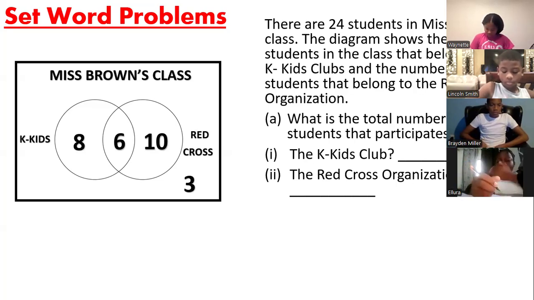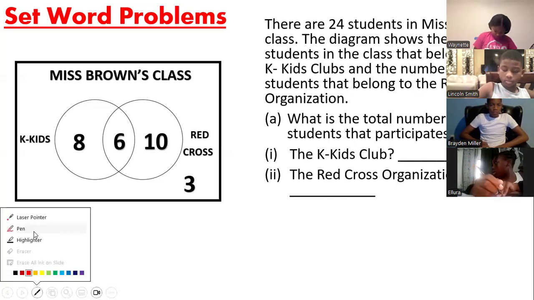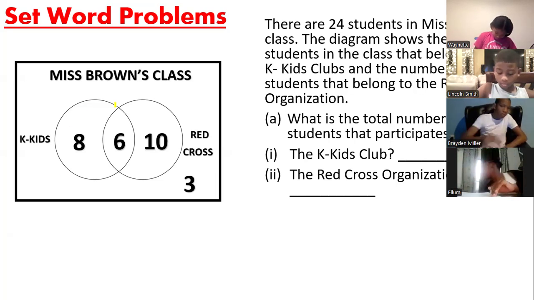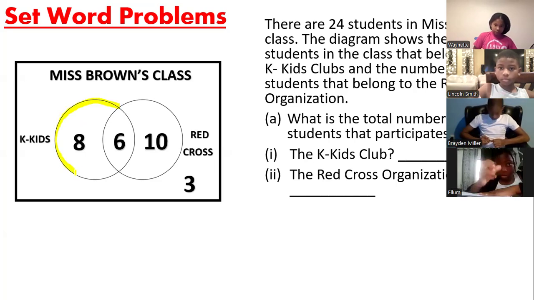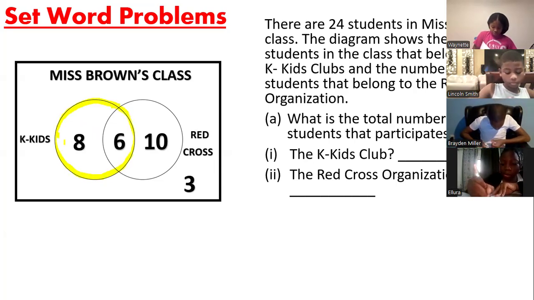I agree. So when they say K Kids Club, they're referring to which circle? The first circle. And when they ask for the total, that is a keyword for add. So they want all of the kids that are in the K Kids Club, so we're referring to this particular circle.